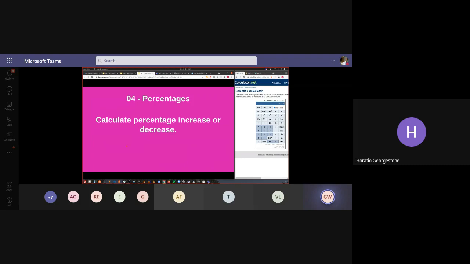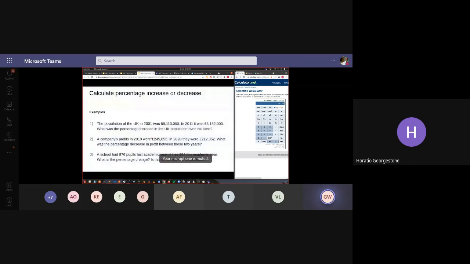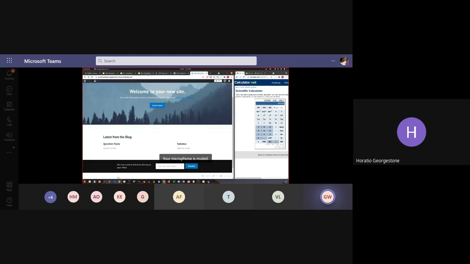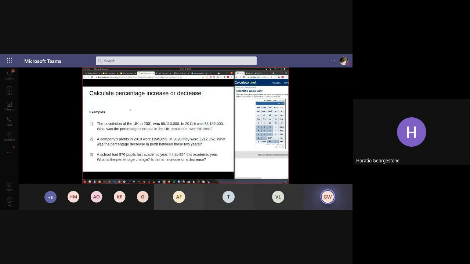Okay, calculate percentage increase or decrease. So this is a real classic topic that is going to come up in numerical reasoning tests. Percentage increase, percentage decrease. You want to just get really, really accurate and quick at doing these, which is why there'll be loads of practice questions in the question pack that I have put online today.